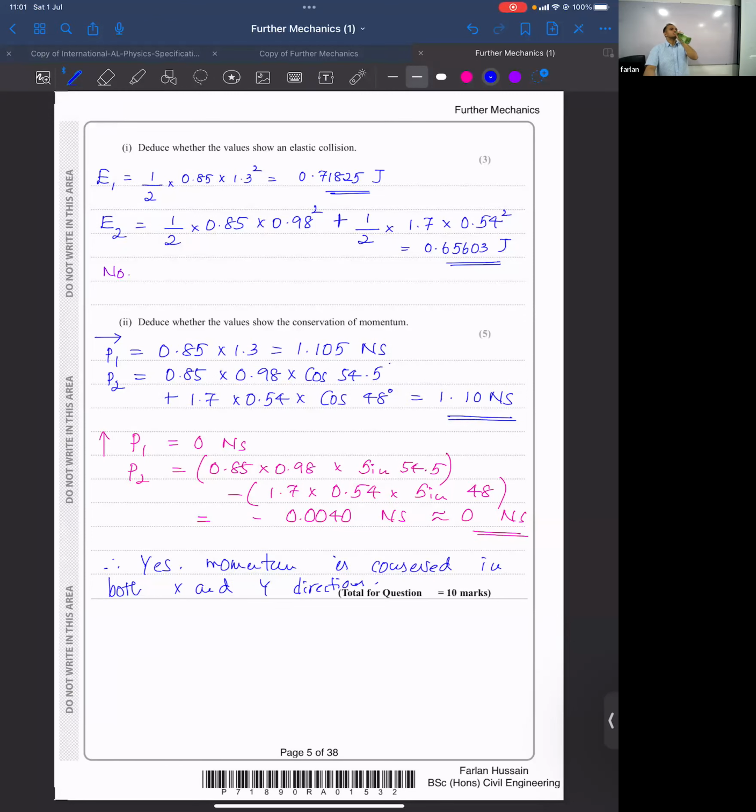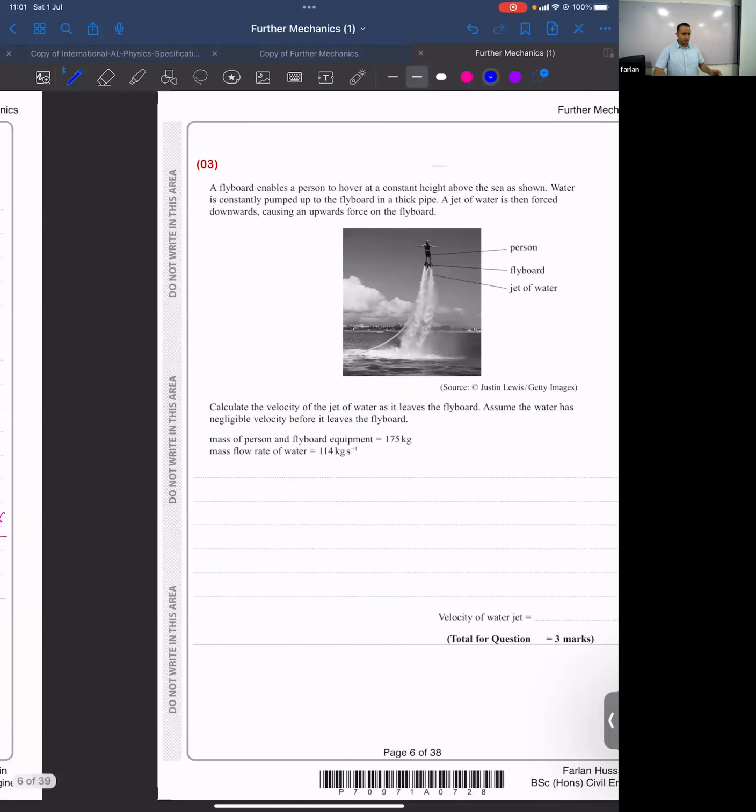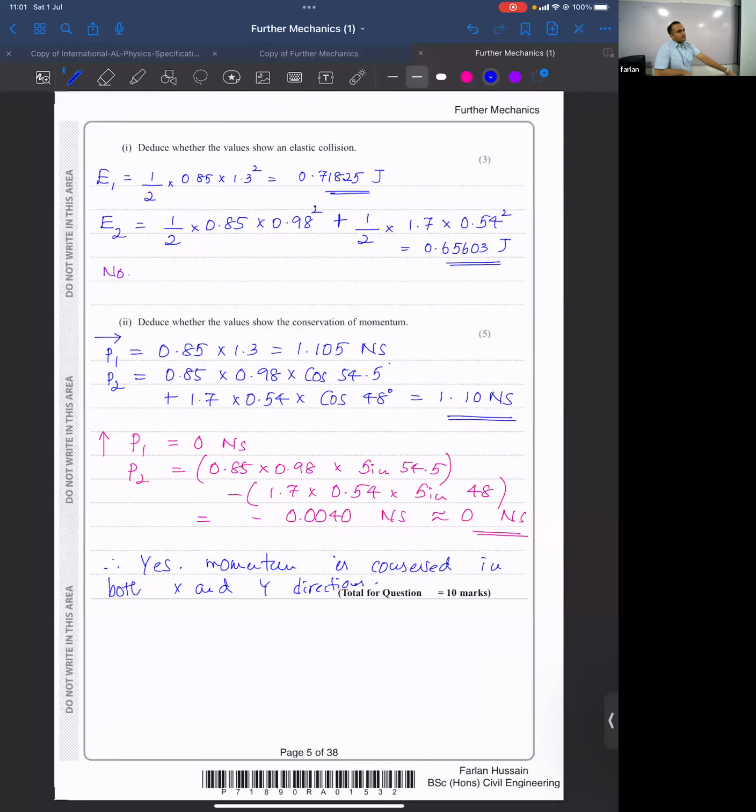If you have any questions, you can ask. Momentum is Newton seconds, right? Or kg m s^-1, both are correct.